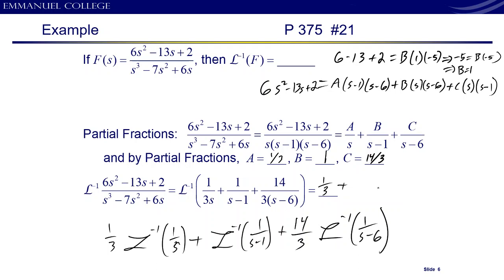Then this one's going to be plus e to the t, because it's got a shift, and then plus 14 over 3 e to the 6t, because it has a shift. But we now have the inverse Laplace transform, and in this case all it took was the use of partial fractions.